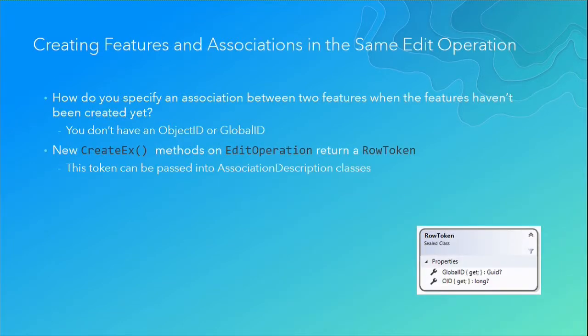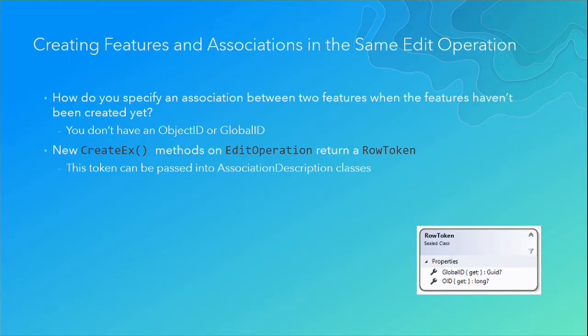So one interesting problem is that because you don't get the row created until you call execute, how do you create an association? How do you create features and an association between them in the same edit operation? Right? Because if you say create to create a pole and create to create a transformer, you don't have object IDs yet.